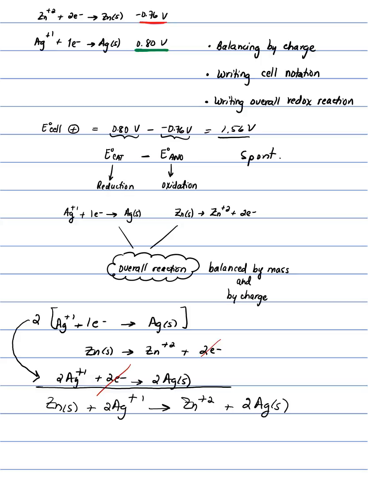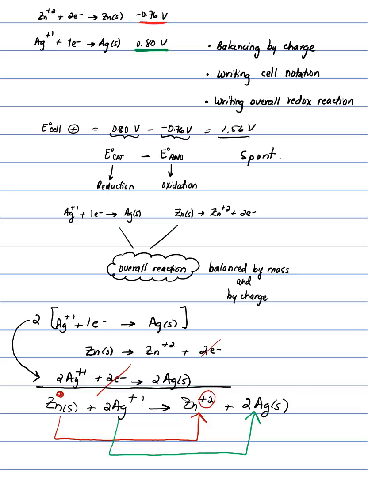Zinc solid has been oxidized to zinc plus 2, and your silver here is being reduced to silver solid. Oxidation number is increasing for zinc solid, that's your element. The oxidation number is 0, and you're going from 0 to an oxidation number equal to plus 2.